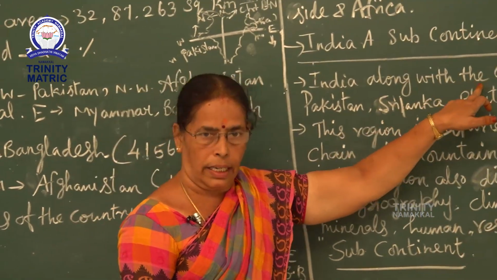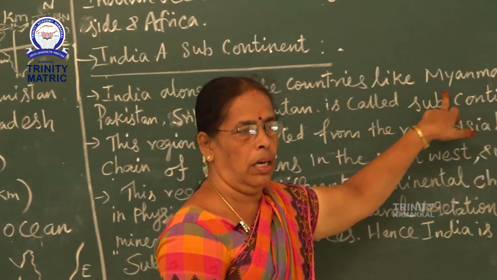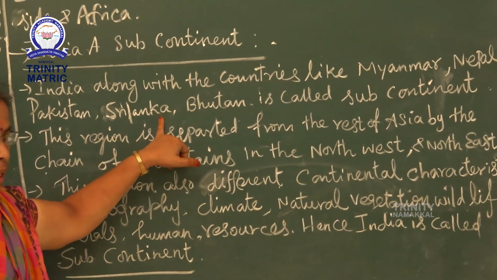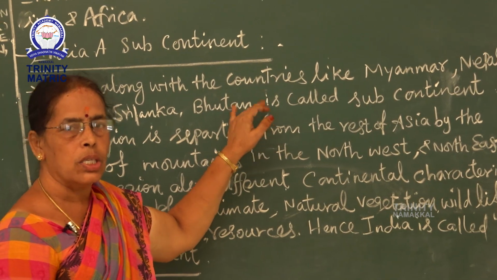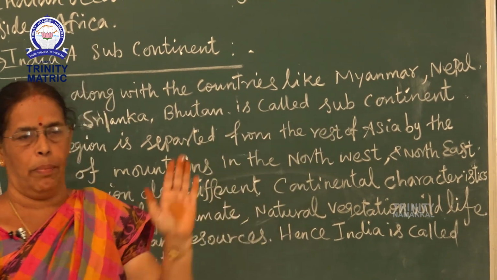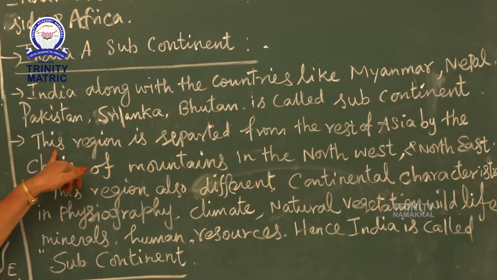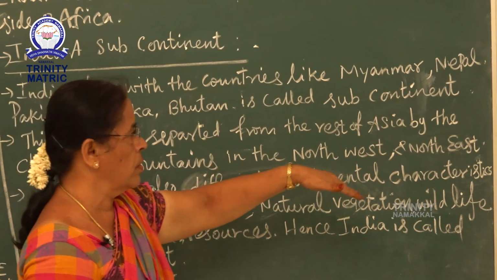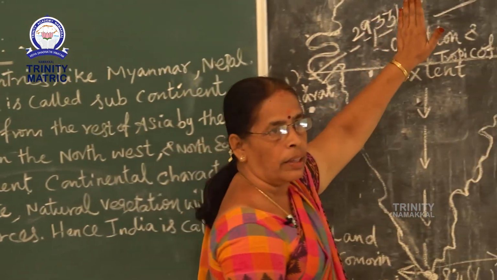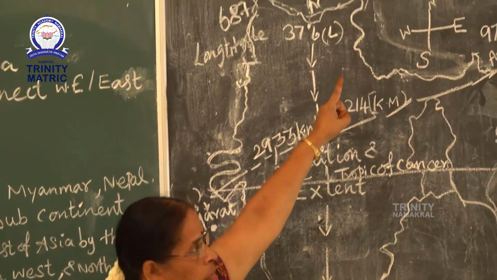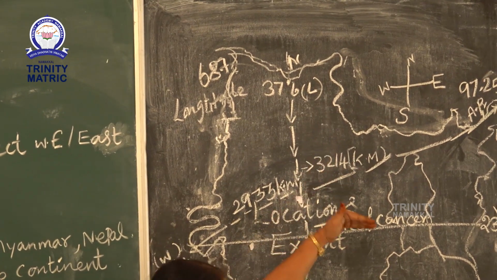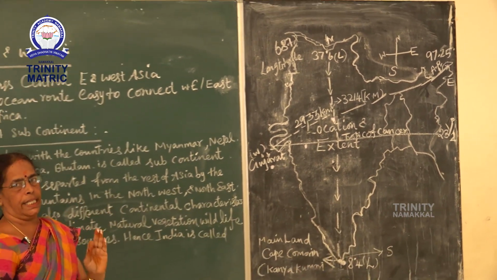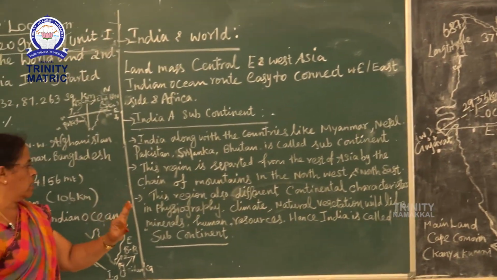India, along with countries like Myanmar, Nepal, Pakistan, Sri Lanka and Bhutan, is called a subcontinent. The region is separated from the rest of Asia. This is India, the subcontinent, and at the top is Asia. India is separated from the rest of Asia. So it is called a subcontinent.